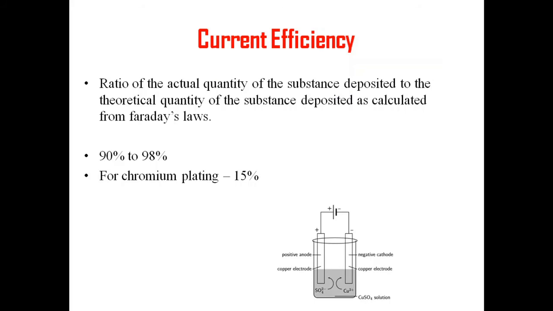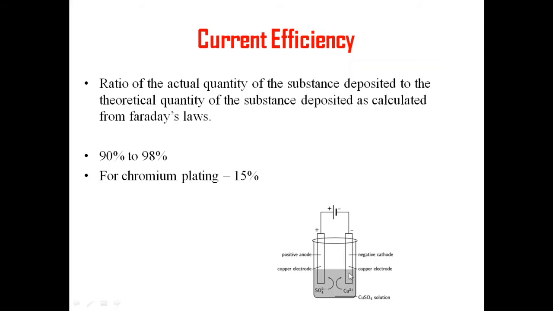The first important terminology is current efficiency. Current efficiency is the ratio of the actual quantity of the substance deposited to the theoretical quantity of the substance deposited as calculated from Faraday's laws. To understand this, let me take this example. We have already discussed a copper sulfate solution, and on this cathode copper is deposited. What is the quantity of that copper deposited on this electrode?